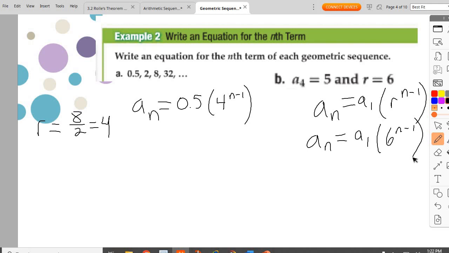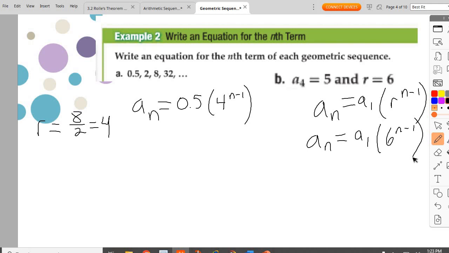Divide by 6. Well, we could divide what by 6? How many times? That's right, the opposite direction, 3 times, because I'm already at 4, so I just have to go backwards 3 times to get to 1. So that would be 6 to the 3rd.